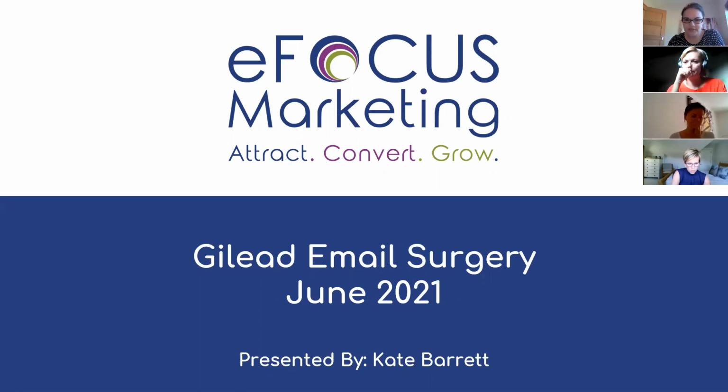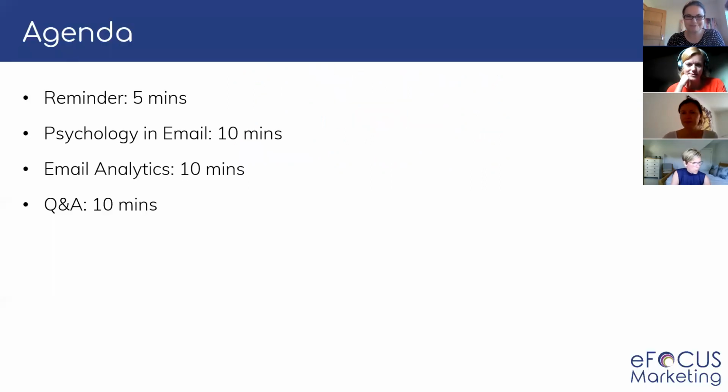I'm going to keep an eye on the waiting room in case anybody else comes in, but I think we're okay at the moment. So let's jump in because, as always, we've got lots for you today. The first thing that I want to do is just give you a little reminder on a couple of bits so that you're up to date with what we're doing. And then we're going to do a little bit of learning today.